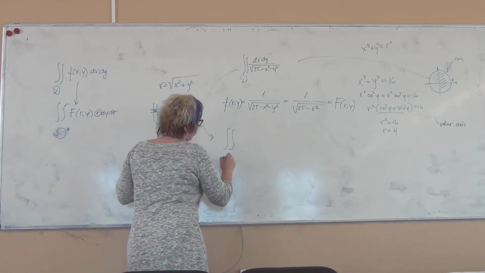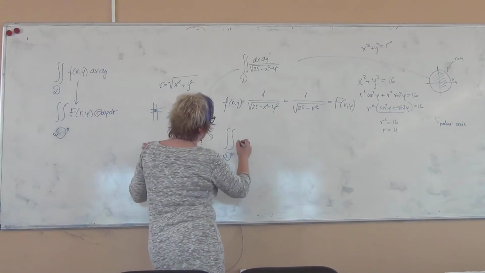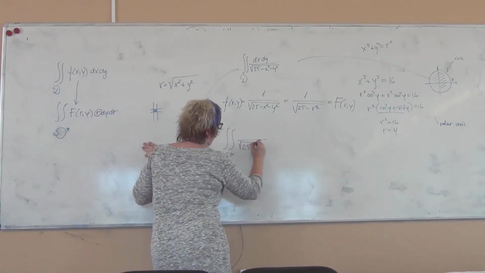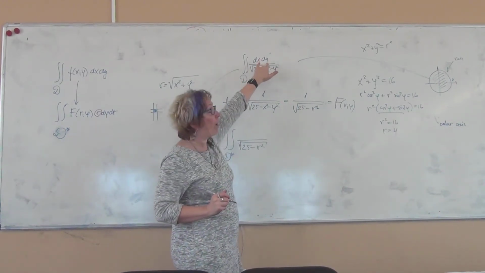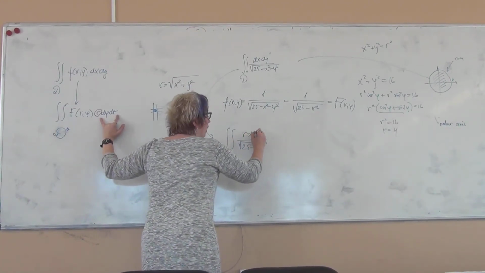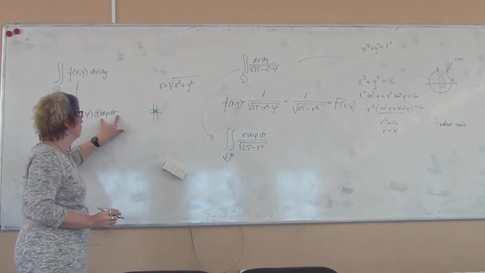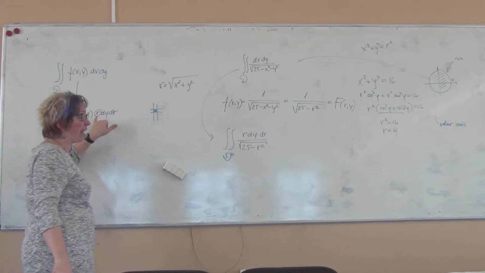The new description is the function 1 over square root of 25 minus r squared. To change the differentials dx dy, we have to exchange them by r d phi dr. Don't forget this extra r.